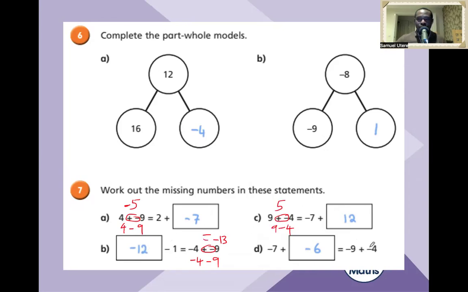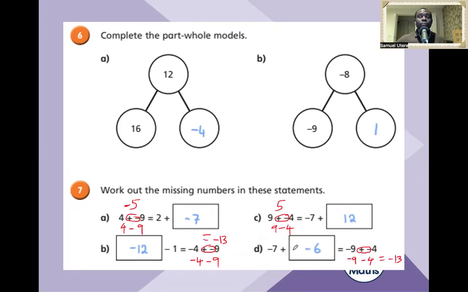And then it's the same here. So this is like saying negative 9 subtract 4, which will be negative 13. So you're thinking, if I am on position negative 7 on a number line, what do I have to add to negative 7 to get negative 13?